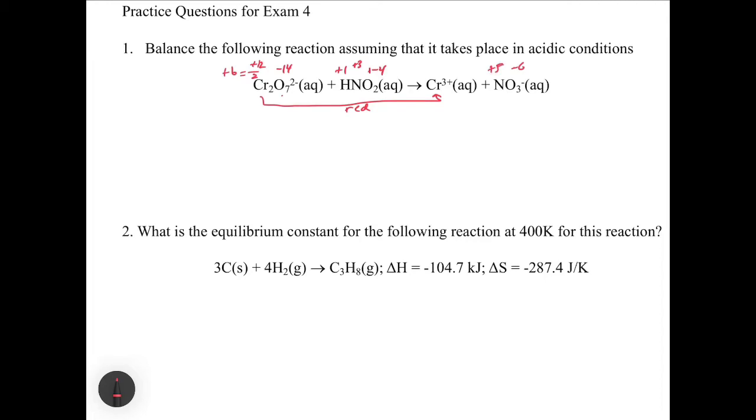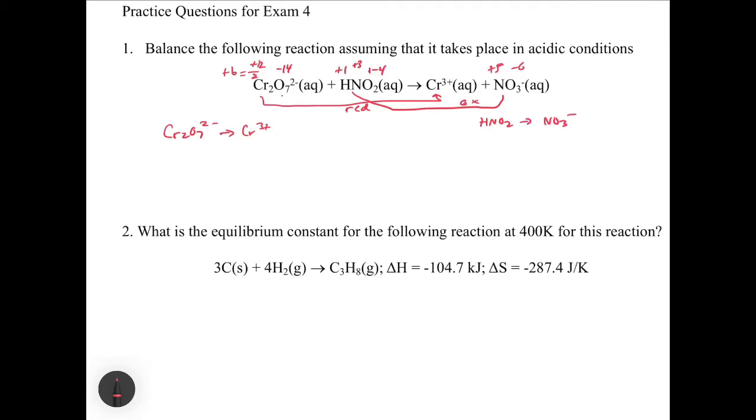So yes, the nitrogen is being oxidized. Okay, so let's write down our half reactions. So we have Cr2O7 2 minus goes to Cr3 plus, chromium 3 plus. And we have HNO2 goes to NO3 minus.